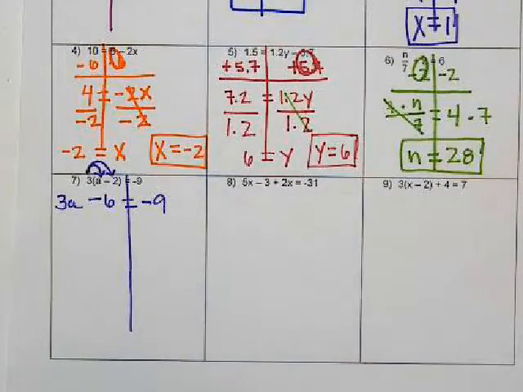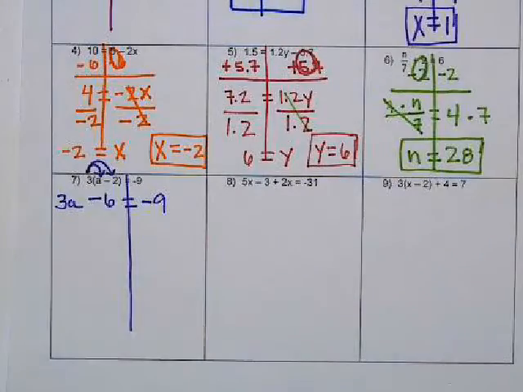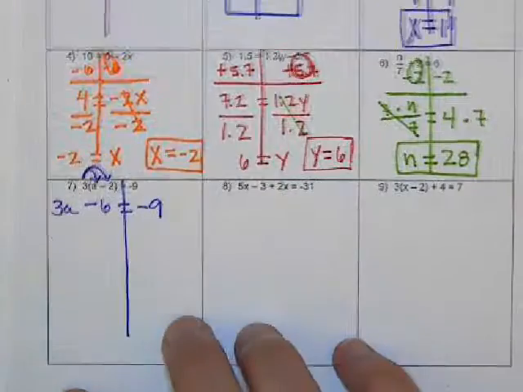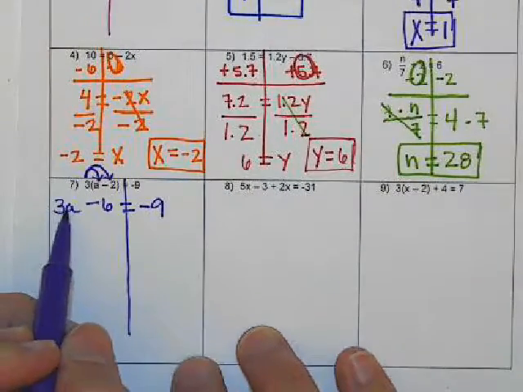Find your variable, what's being added or subtracted. All right, find your variable. What's my variable? A. What's being added or subtracted to a?